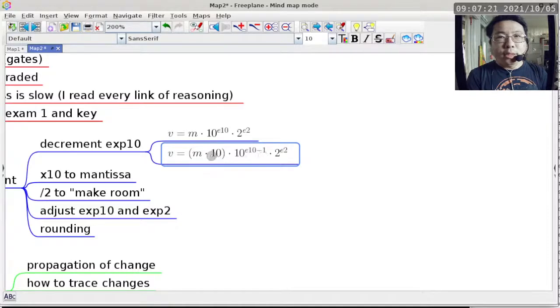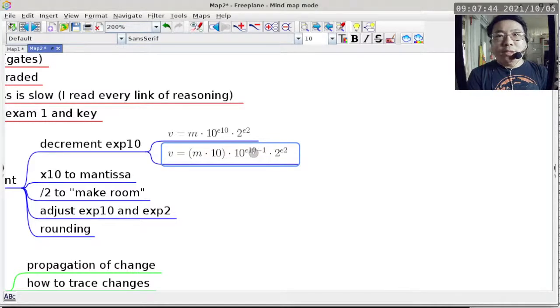Imagine this is not M times 10, it is M times-equals 10, which means I'm changing the mantissa to be 10 times what it used to be. And instead of E10 minus 1, it is E10 minus minus. I'm decrementing E10.